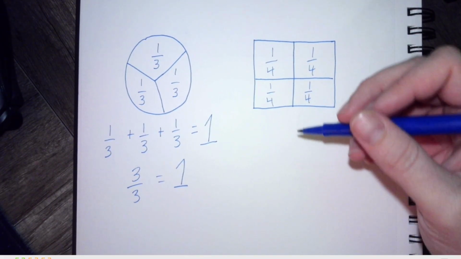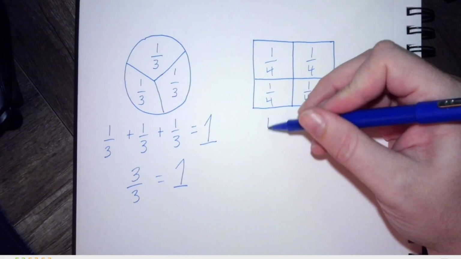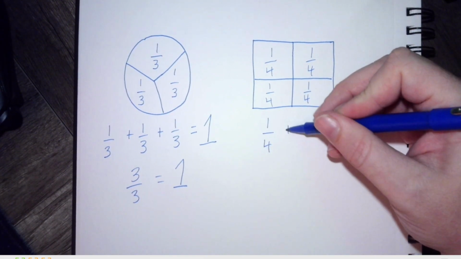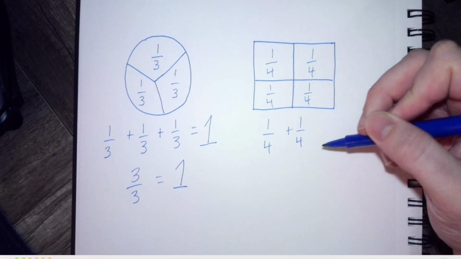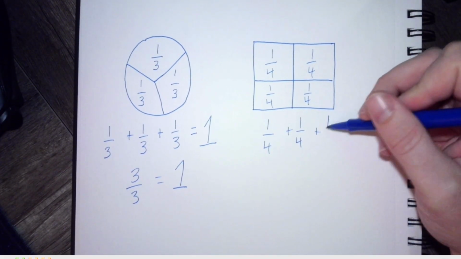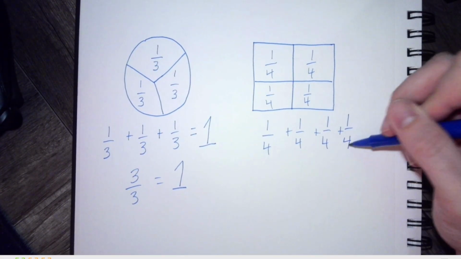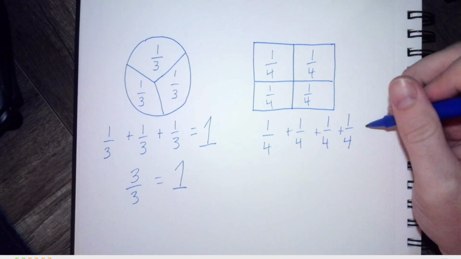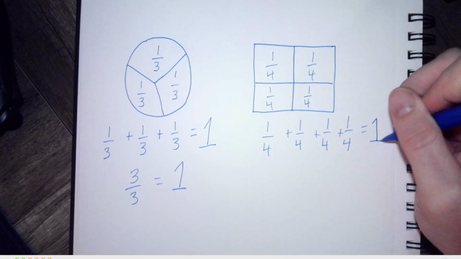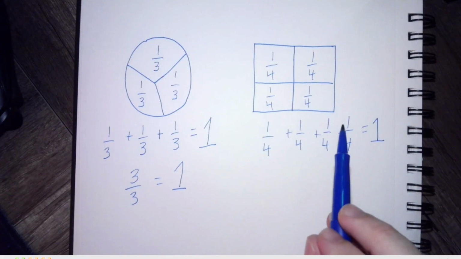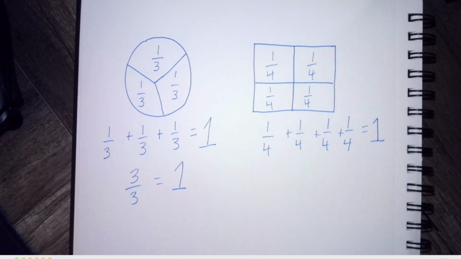So I could represent that as 1/4 plus 1/4 plus 1/4 plus 1/4, and that also equals 1 whole, because if I add all four of those together, I have the entire thing.